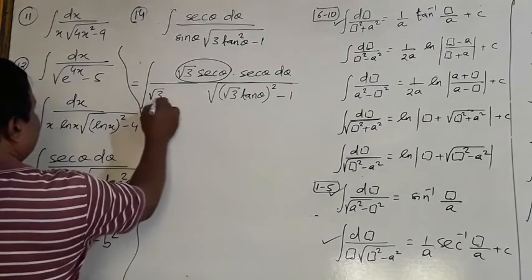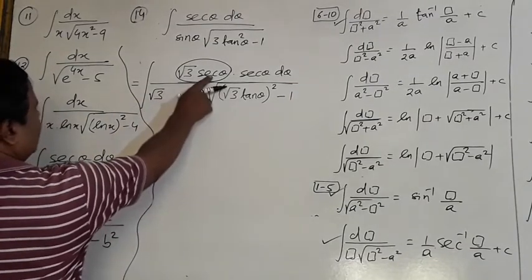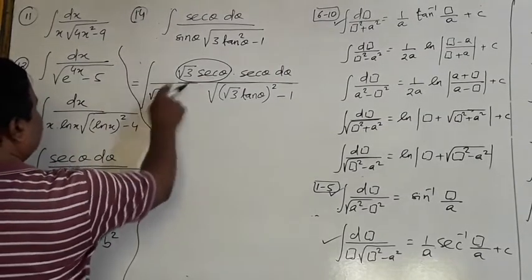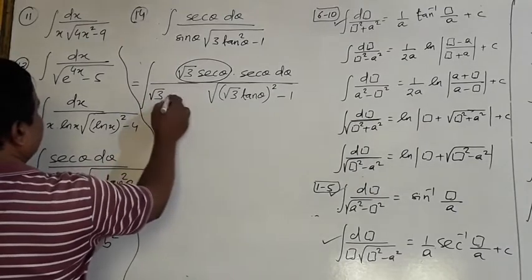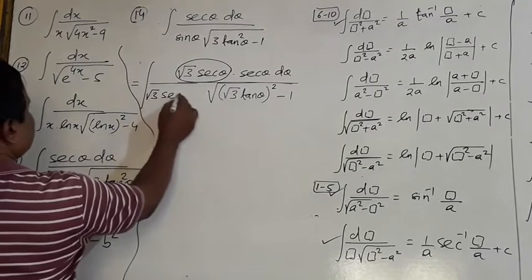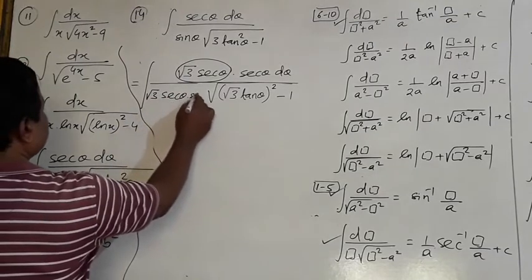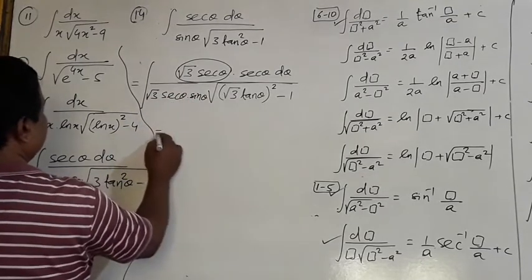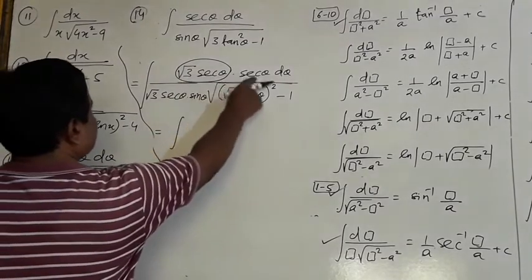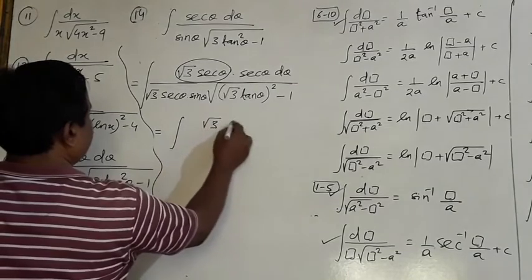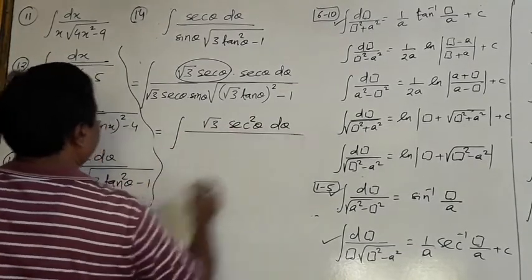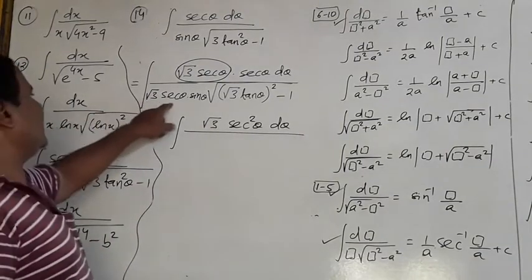Now, as sec theta is a variable, it should not go outside. I am writing everything in here. Root 3 sec theta into sin theta. It is an integration: root 3 sec theta times sec theta, I am writing root 3 sec square theta d theta by root 3 sec theta sin theta.